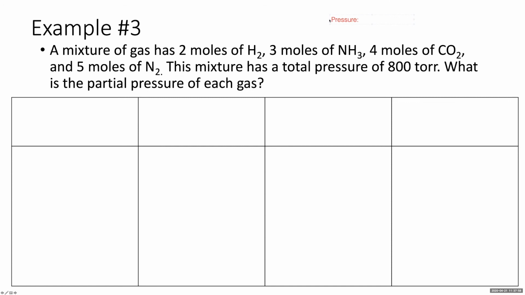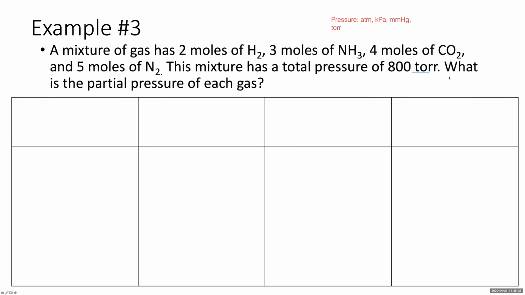It can be in atmospheres, kilopascals, millimeters of mercury, and it can also be in a unit known as torr. So just keep in mind, there are different units of pressure. Torr is still a unit of pressure. So the total pressure is 800 torr.